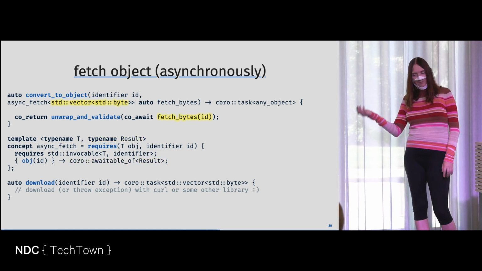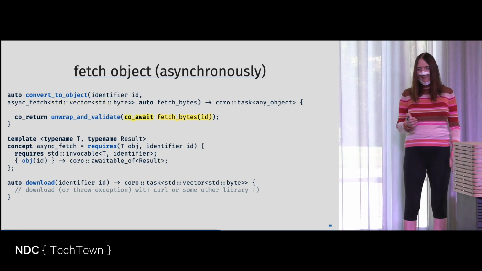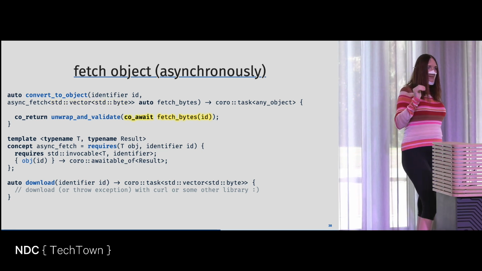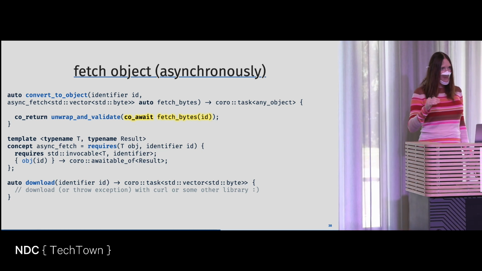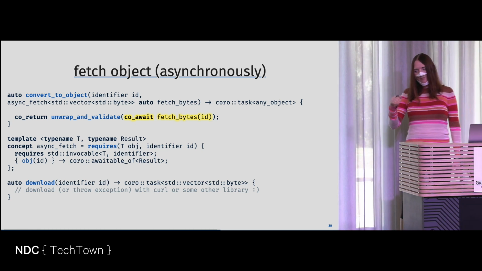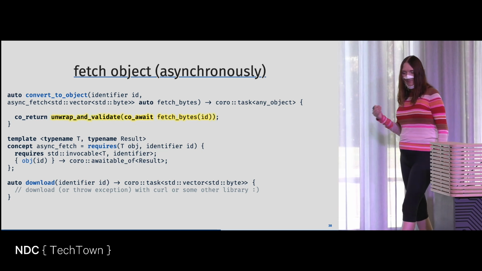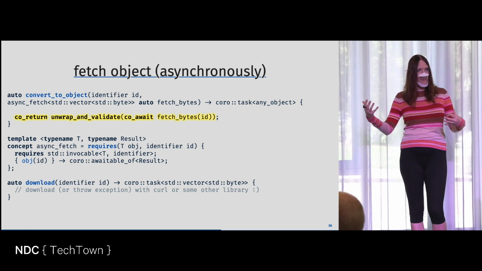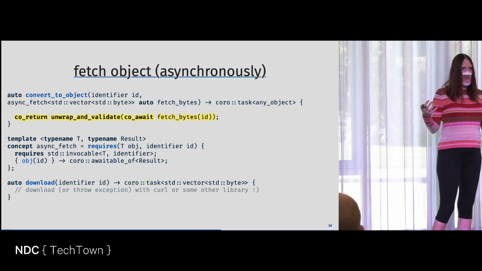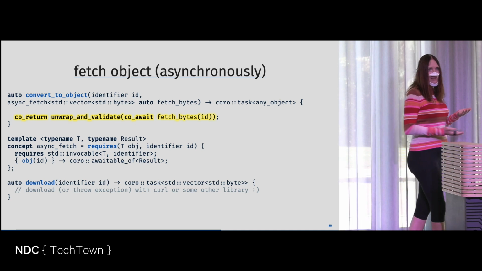So you will fetch bytes based on the identifier with co-await. This coroutine will pause until it's downloaded. And when it's downloaded, it will be resumed, unwrapped, and it will return the unwrapped object. From bytes, you will get the deserialized object and validate it. Otherwise, there can be an exception also.